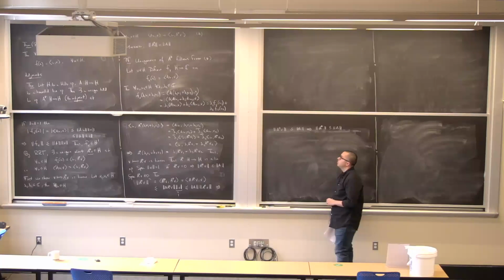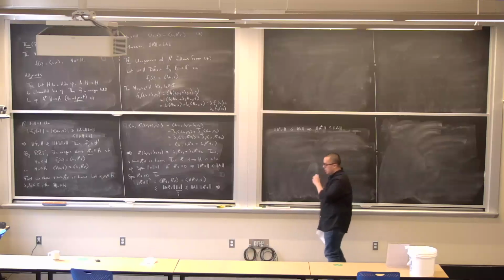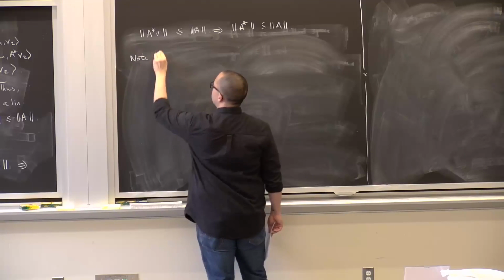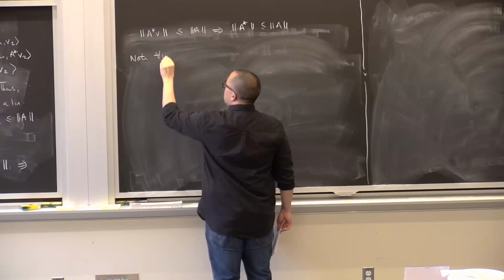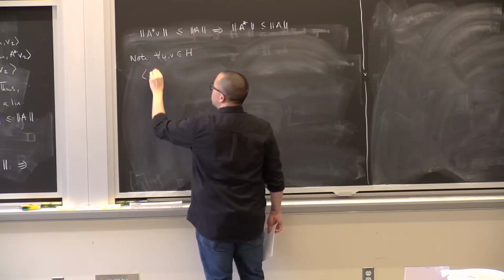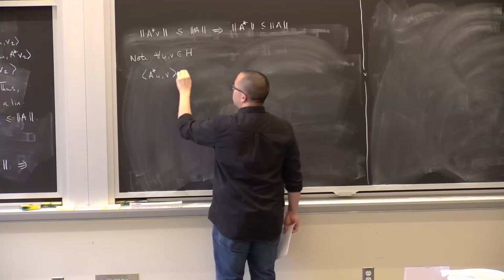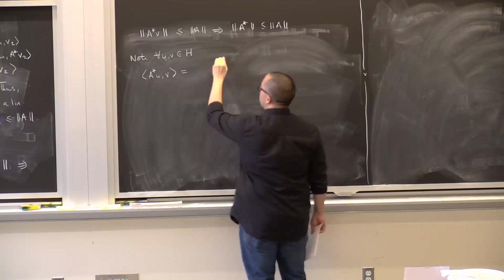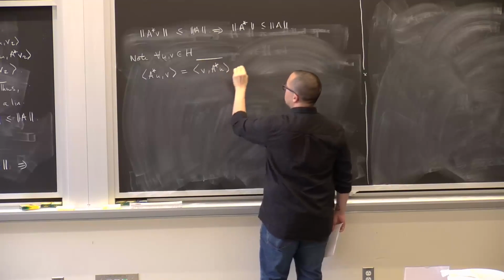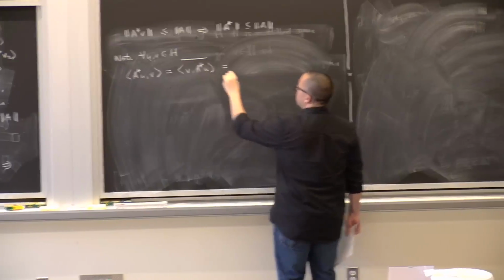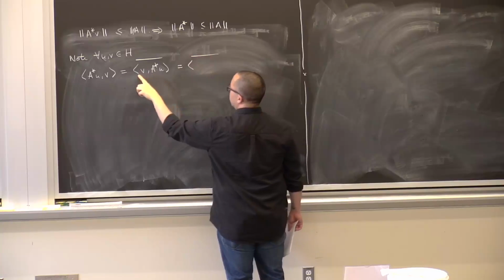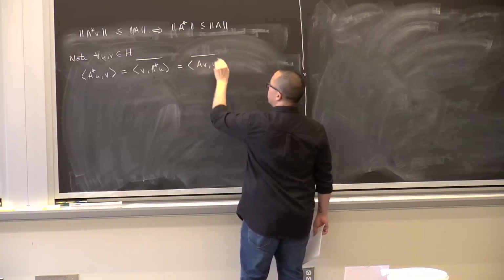Now, note that for all u, v in H, if I look at the inner product of A star u with v, this is equal to the complex conjugate of (v, A star u), which, by the definition of A star, moves over to (Av, u).